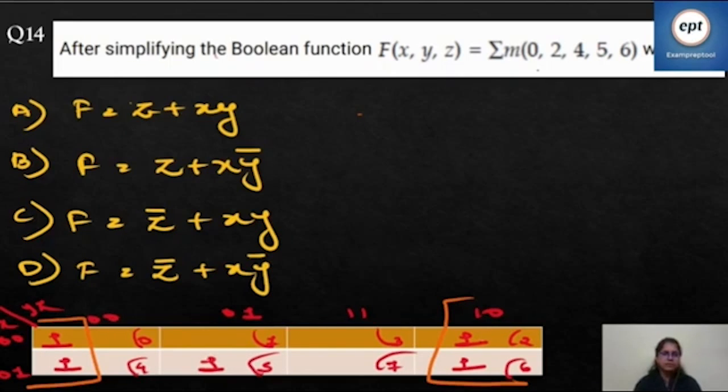Now we have to see for this one. You can keep it as one element also, but always look for the larger group. So a group of 2 elements will be the larger one for this.